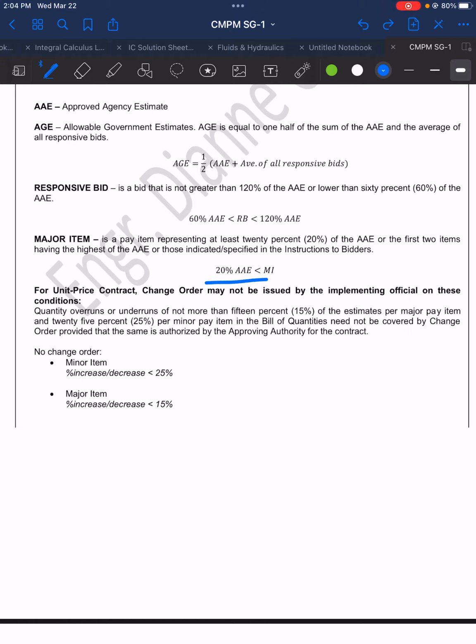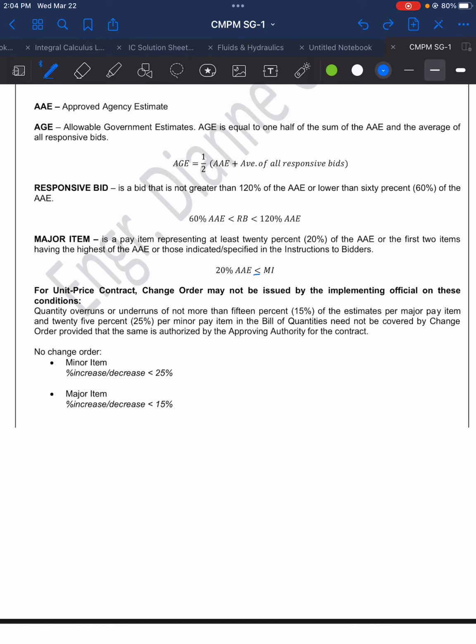So here is the interpretation. Your major item is greater than or equal to. So correction here, it should be greater than or equal to. So this should be the symbol. So a major item is greater than or equal to 20% of AAE.